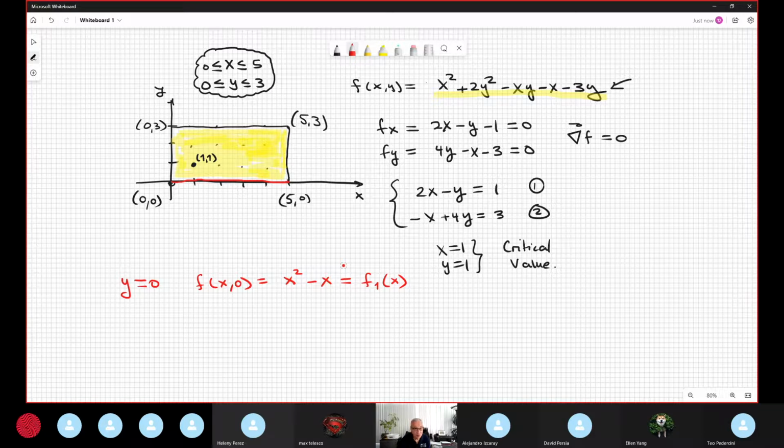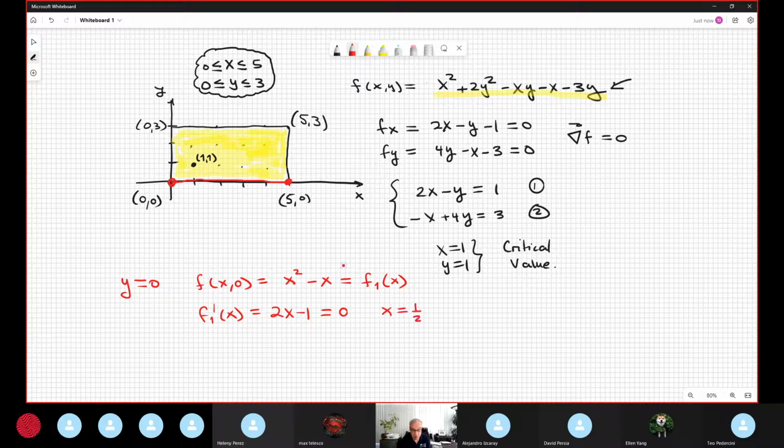Well, you evaluate in any endpoint, exactly like calculus 1, but you evaluate in the middle also. So to evaluate in the middle, you find the critical value. So you compute the first derivative, it is 2x minus 1. Put equal to 0, and x is 1/2.